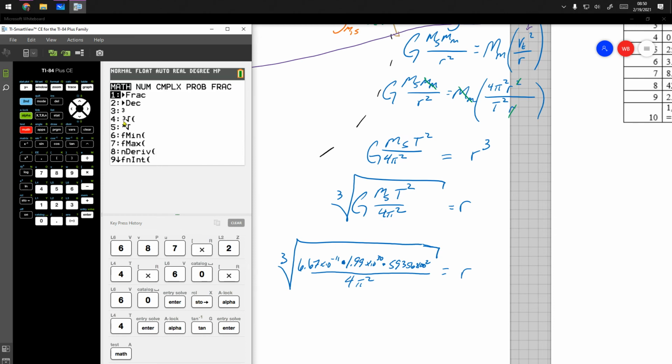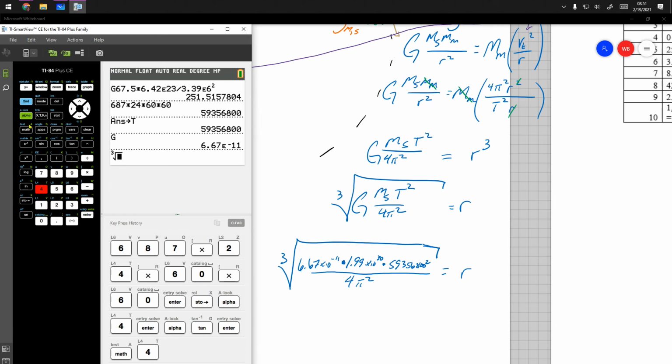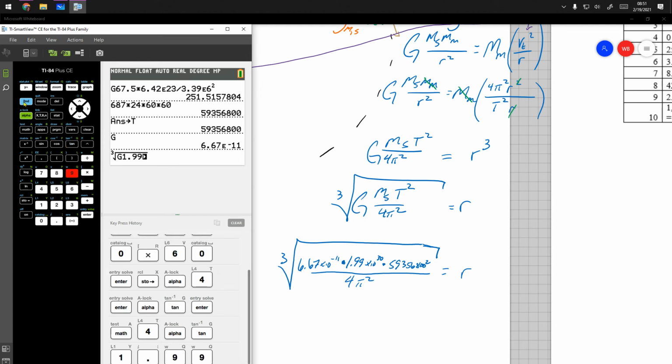I'm going to go to math and I'm going to go down to number 4 there and get the cube root. Do G times the mass of the sun there, 1.99 e to the 30th power. Remember that e means times 10 to whatever power. It automatically puts that scientific notation in parentheses. The multiplication between G and anything next to it is implied.